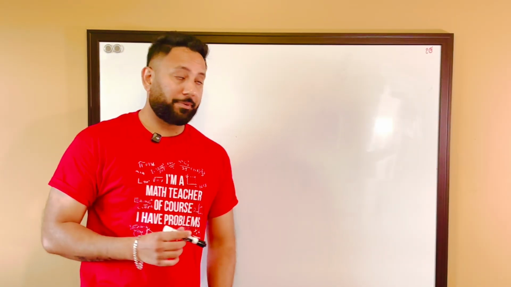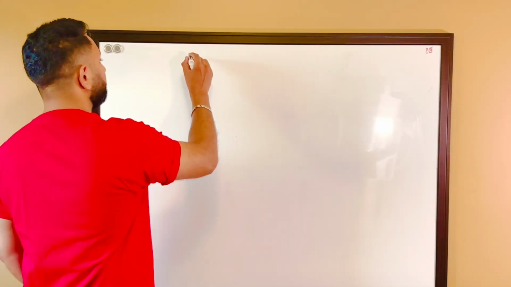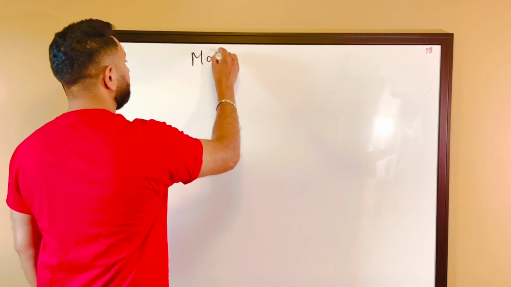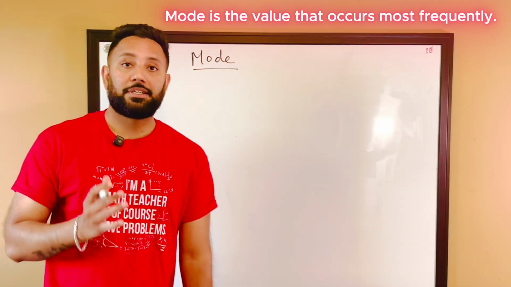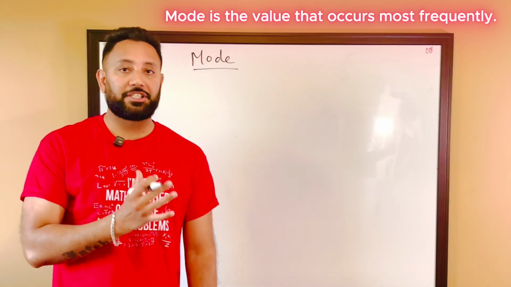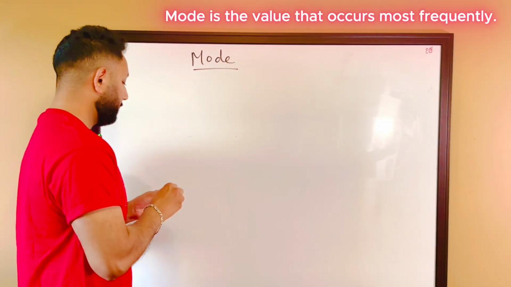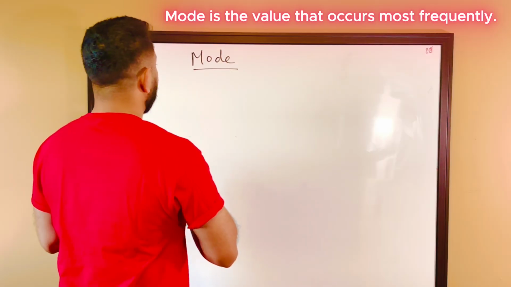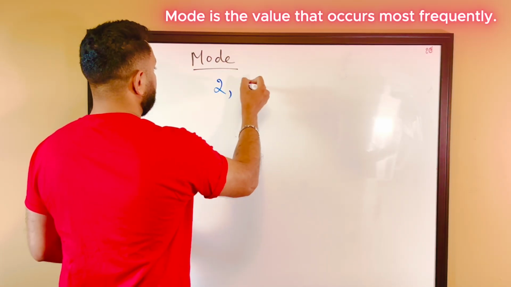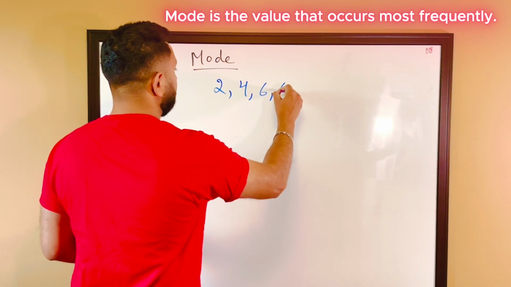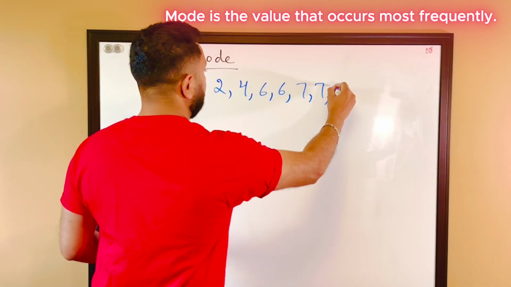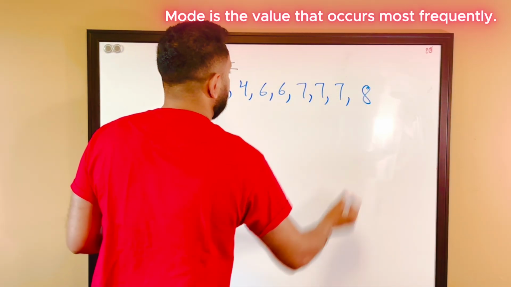So our next subtopic is mode. Mode is basically the number that occurs most often in the data set. So for example, if we are given this data, like any random data, 2, 4, 6, 6, 7, 7, 7, 8.